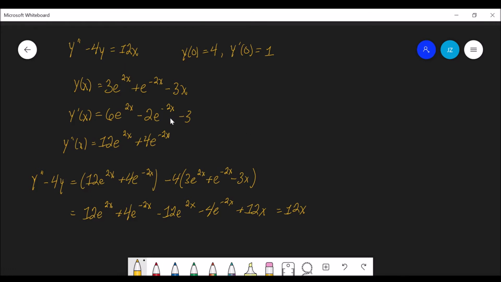So this function satisfies the differential equation. We now must check that it satisfies the initial conditions.